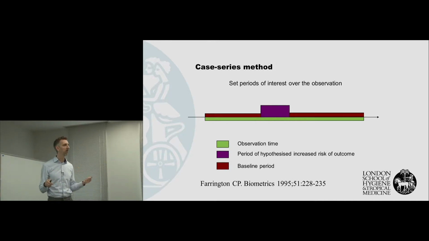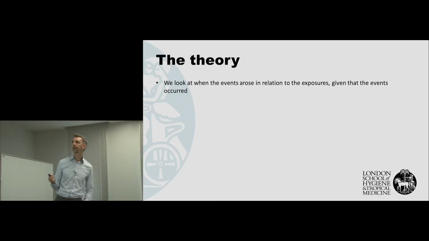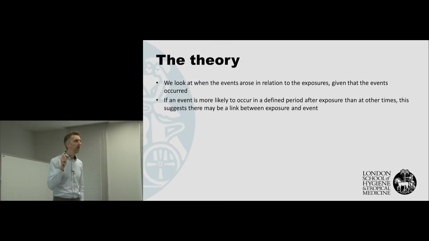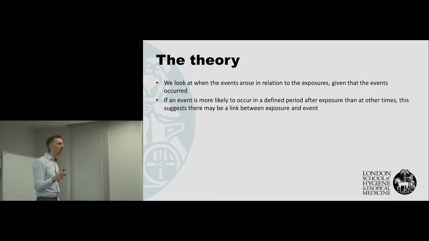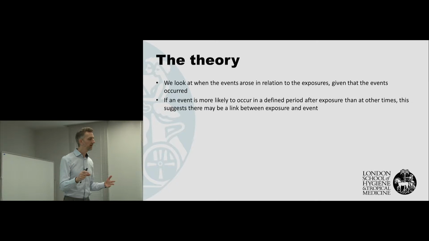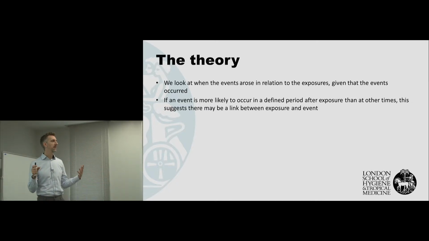Everybody has both the outcome and the exposure at some point in time. If the event is more likely to happen during the periods of hypothesized increased risk, then it suggests that there's likely to be a link between the exposure and the outcome.